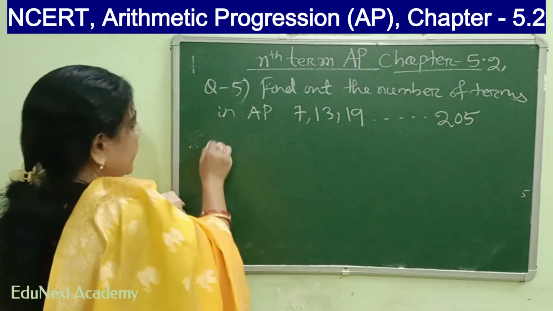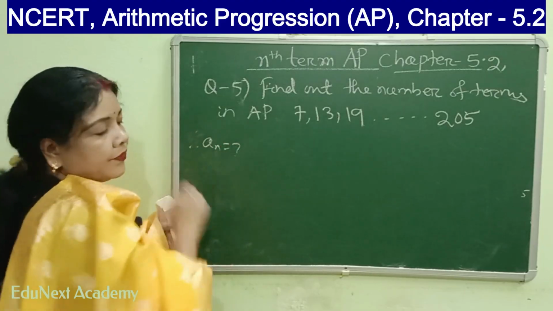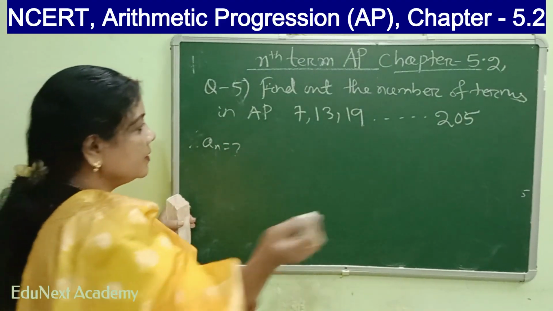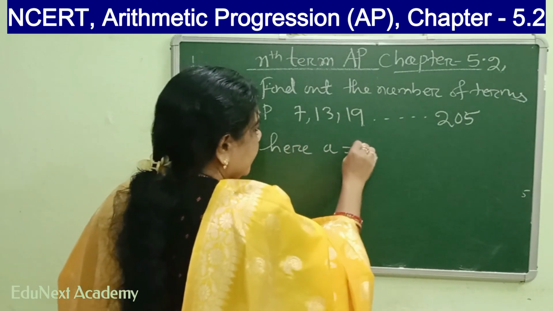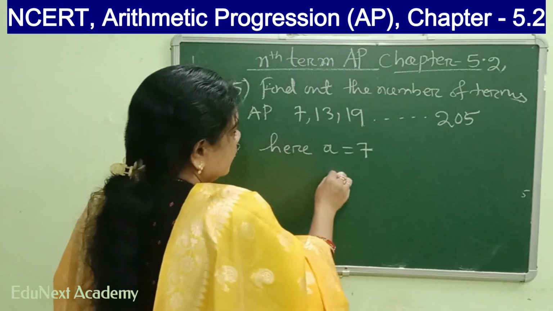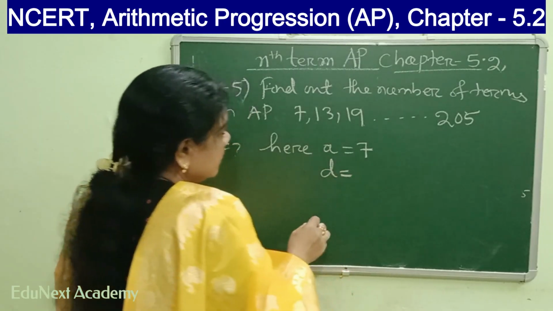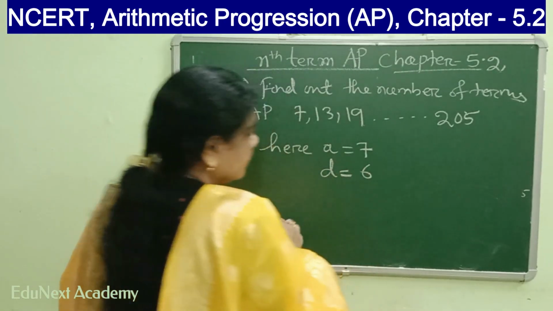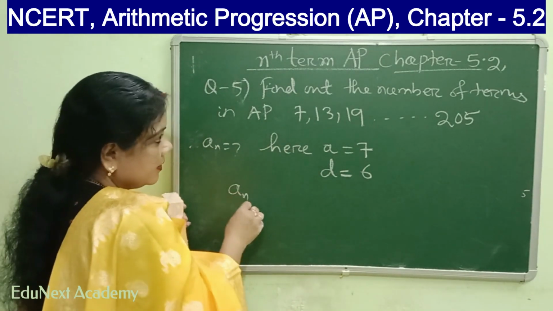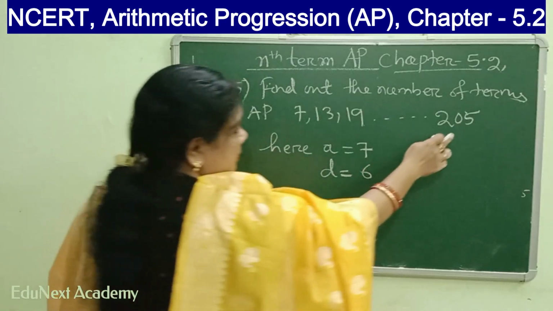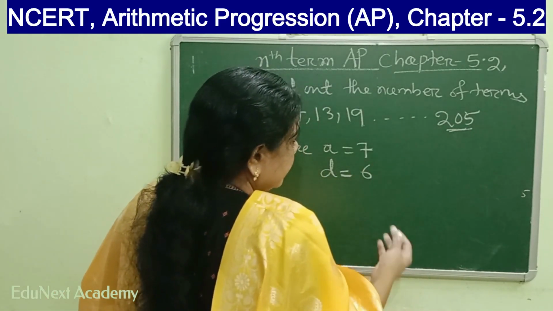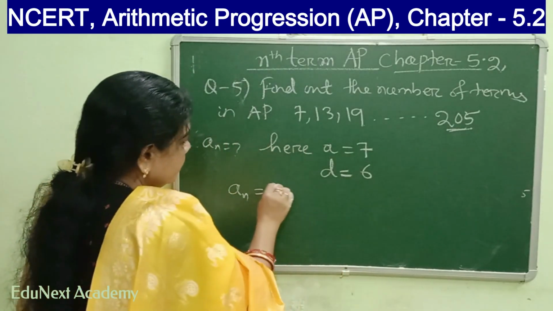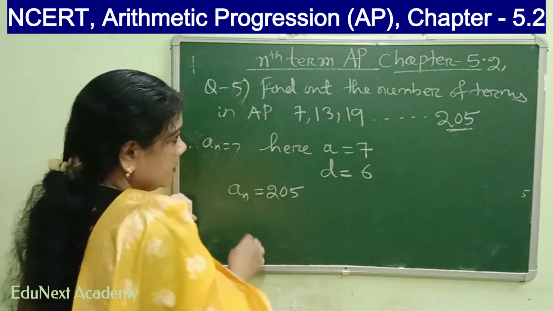We have to find out n. Very simple. So here a is 7. Now the common difference is 6. Now what is an? an is the last term given here, 205. So an is equal to 205.